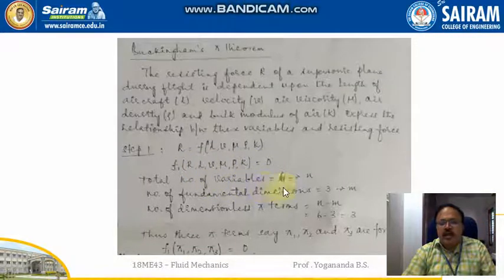So the number of variables n is equal to 6. The number of fundamental dimensions, that is length, mass and time, are three. So m is equal to 3.